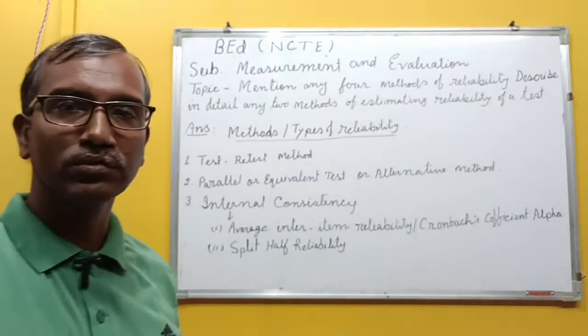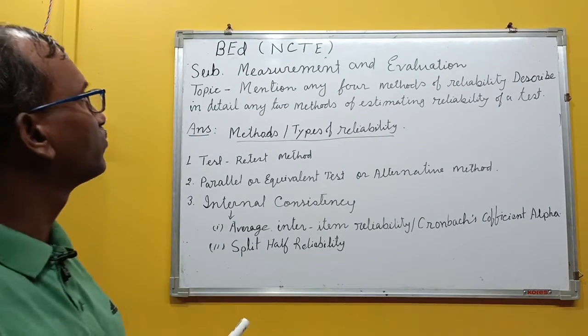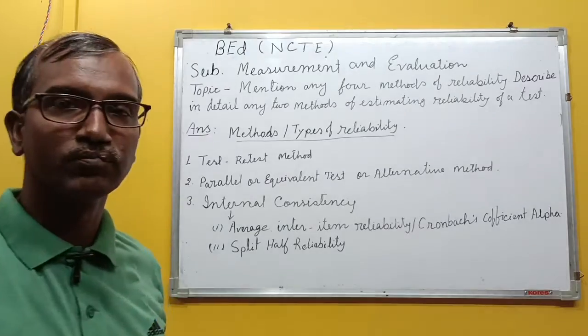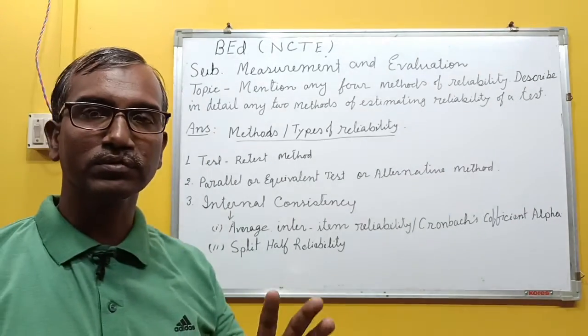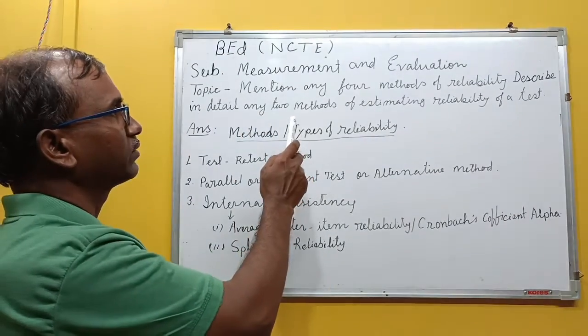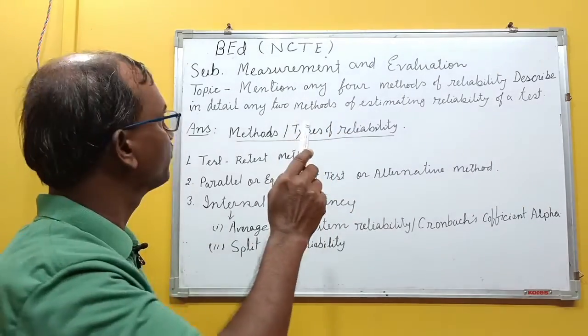Today, in the continuation of our discussion, we are going to discuss a very important topic from the paper Measurement and Evaluation. In the paper Measurement and Evaluation at B.Ed level, a question is often asked on the topic reliability.